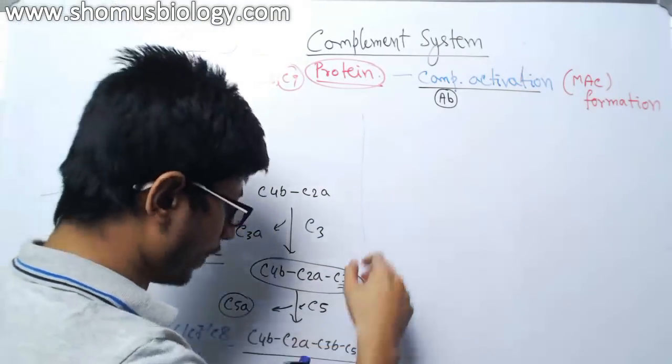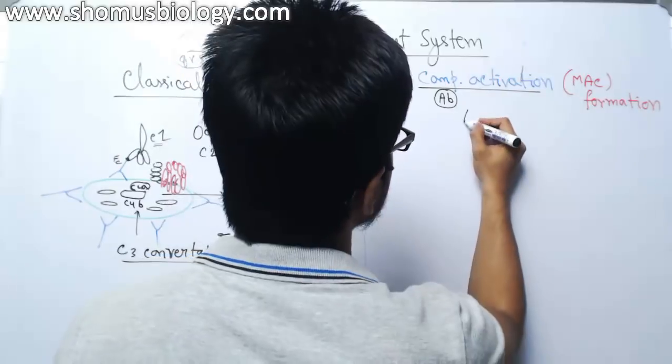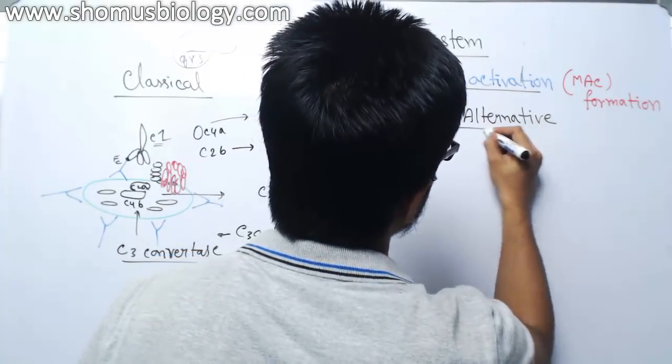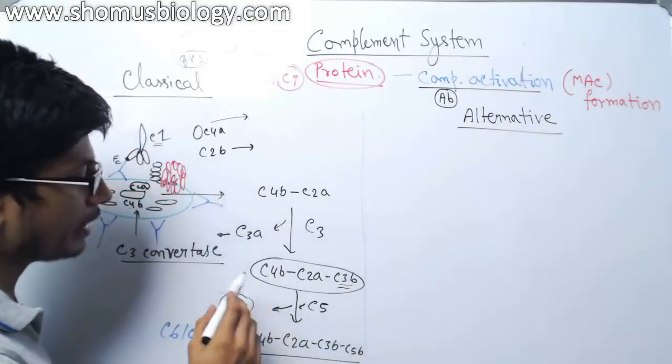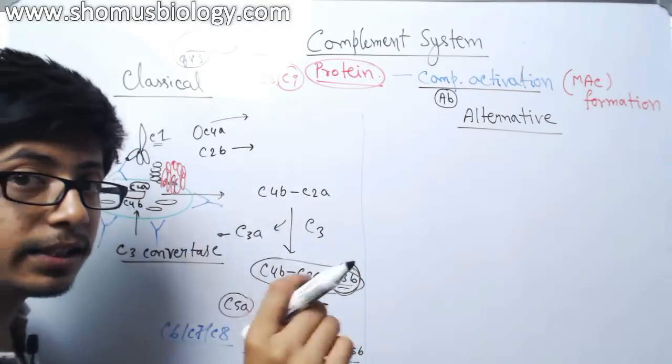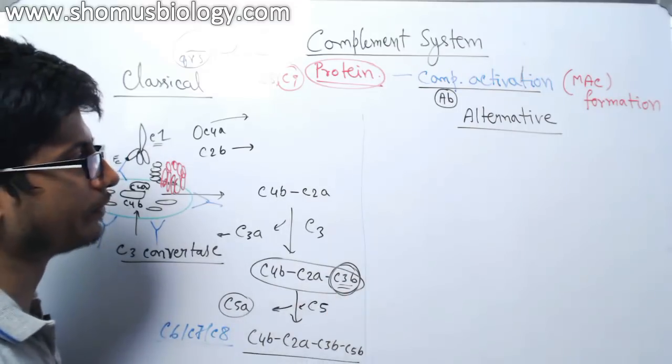While in the alternative pathway, they rely more on C3b or C3 complement compared to the rest of them.